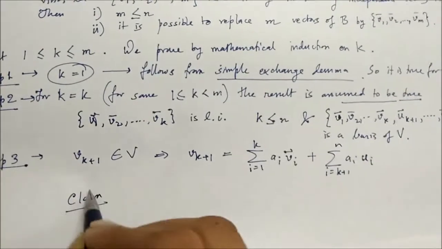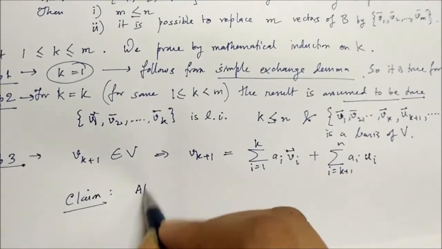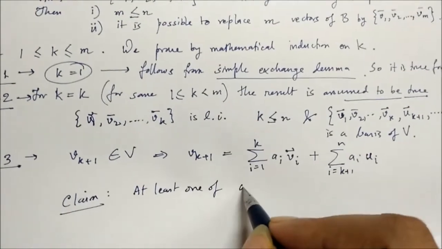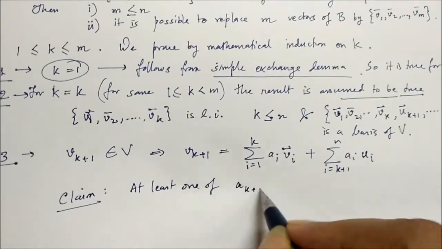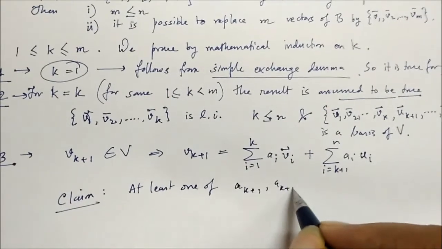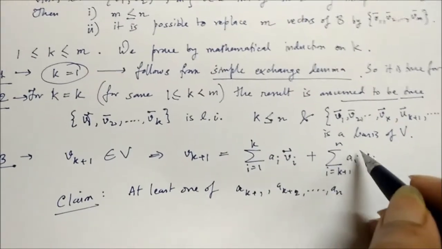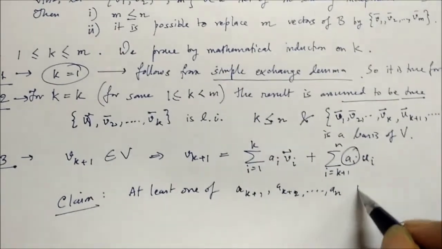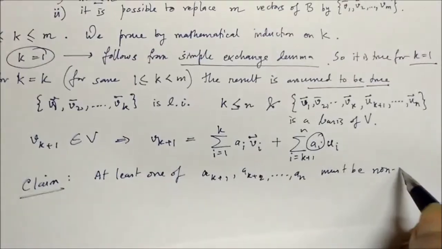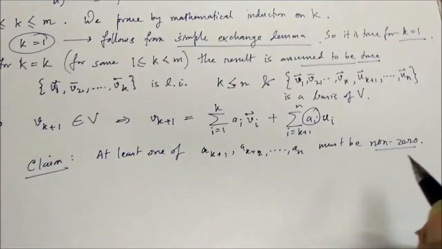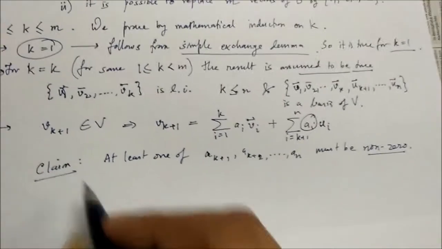Now, here is the important claim. We claim that at least one of a k plus 1, a k plus 2, a n, that is from here, must be non-zero. What is the reason for this claim? Let's understand.